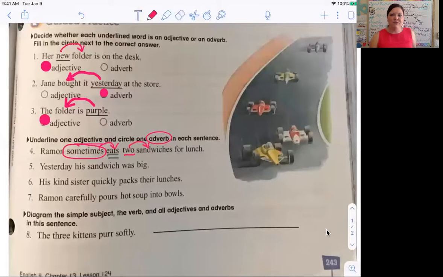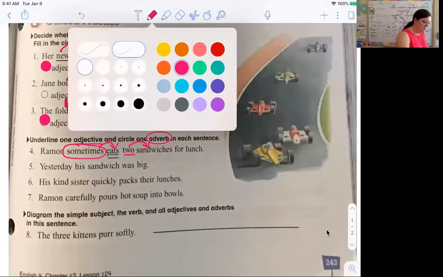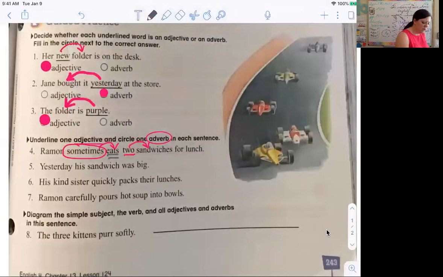Why don't we start by finding the verb first? What is our verb? Am, is, are, was. Stop. Underline was 2 times. Ooh, what kind of verb is was? It's a linking verb, that's right. So that means there must be another word coming after the linking verb to tell us more information about the subject. Remember, a linking verb connects the subject to something else later on in the sentence.